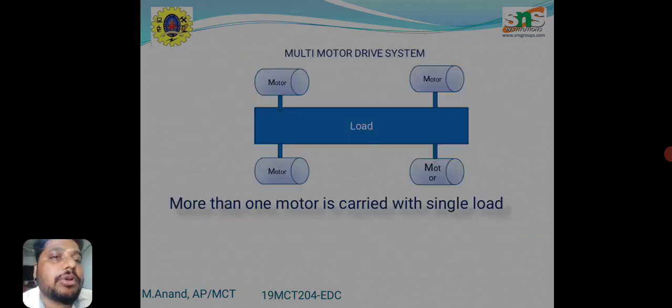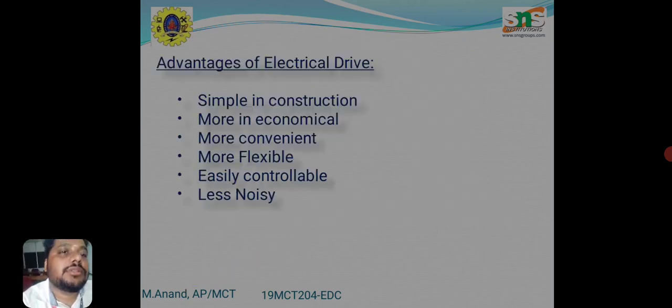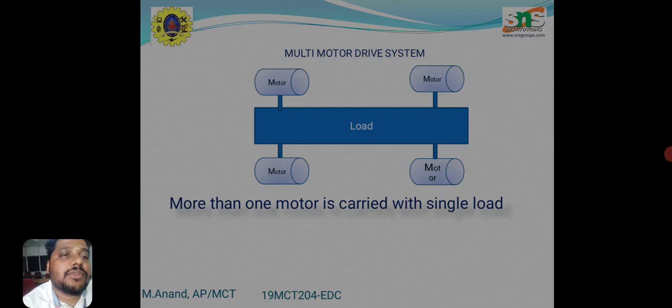And then the multi-motor drive, which is a special type of motor drive. More than one motor is used to drive a single load. In this system, efficiency is high and cost is high.